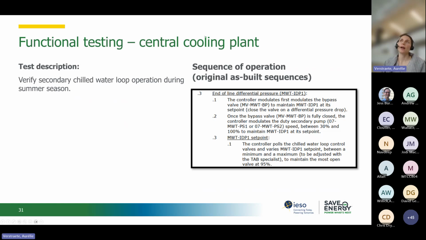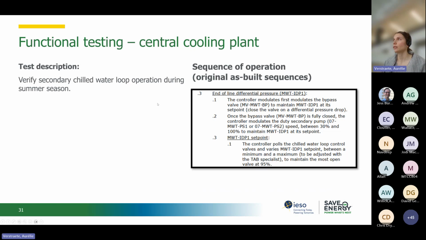So here you have an example of functional testing for central cooling plants. In that test, you want to simulate chilled water loop operation during summer season and verify that operation.